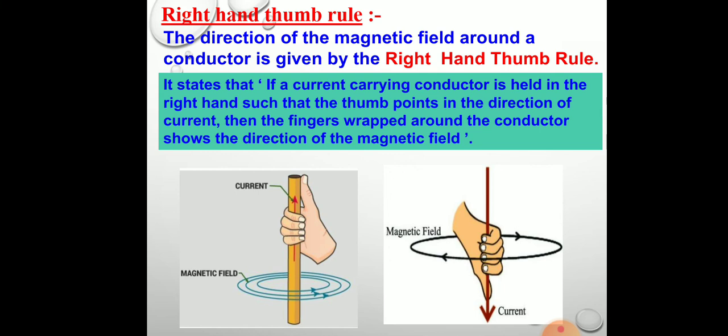Once again, I'll repeat: the right hand thumb rule states that if a current carrying conductor is held in the right hand such that the thumb shows the direction of electric current, the fingers encircling the conductor show the direction of the magnetic field. This rule is used to find the direction of the magnetic field around a straight conductor carrying current.